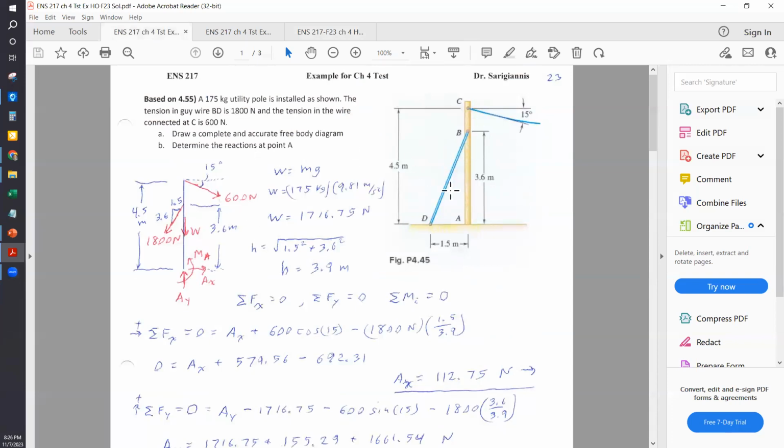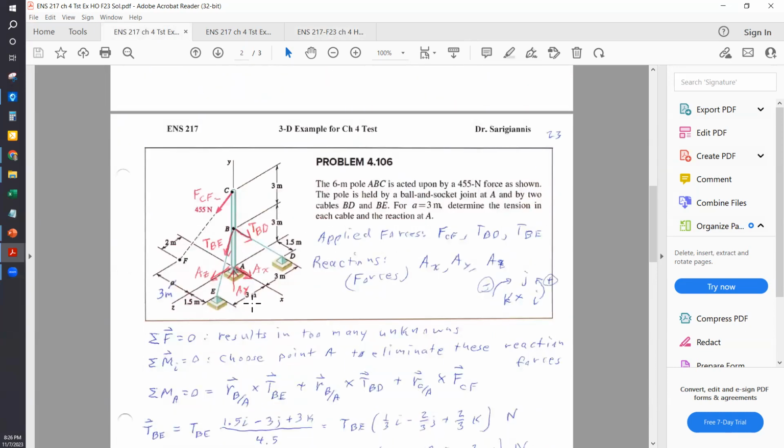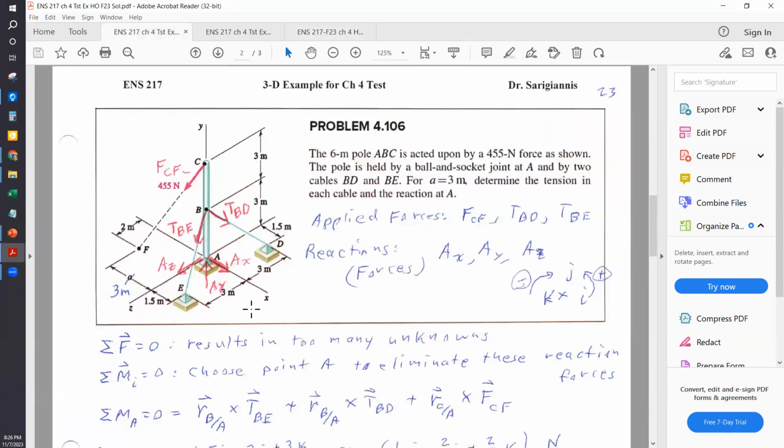We had a utility pole. We replaced the cords with tension vectors, right? Down here, it's buried into the ground. We have reaction forces and a reaction moment, solving that. And then over here, we had a problem. I think I mentioned I would give you a problem very similar to this.